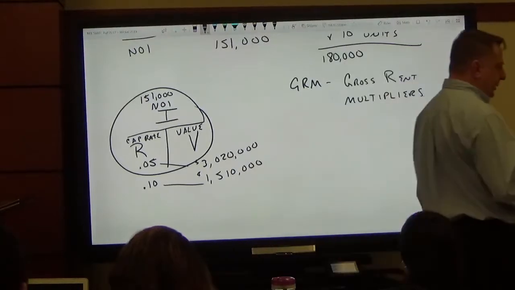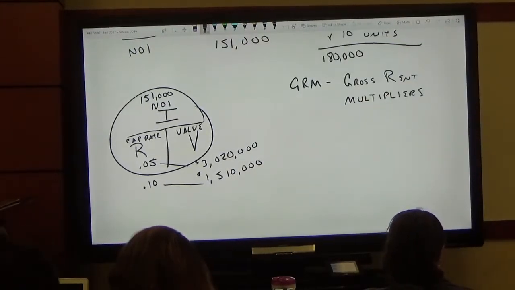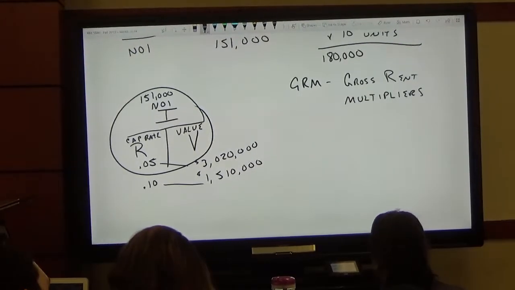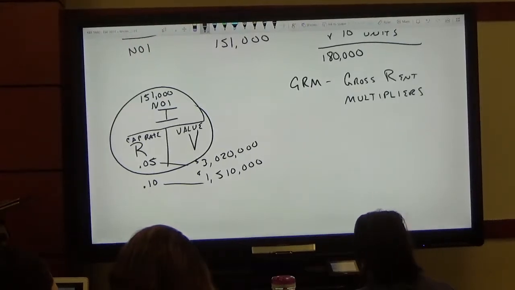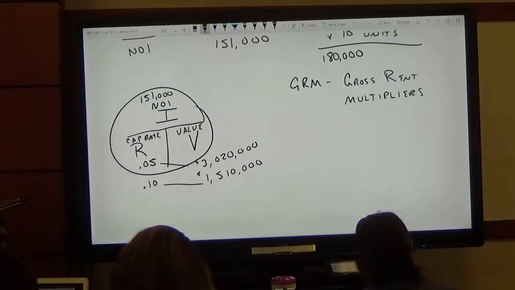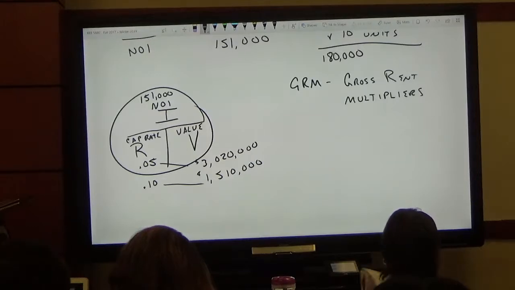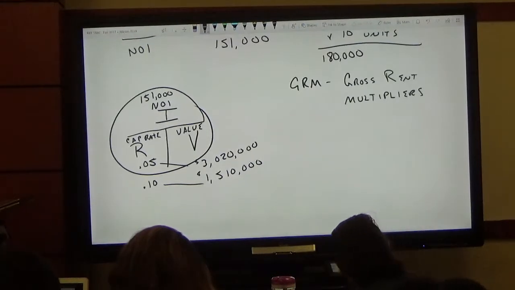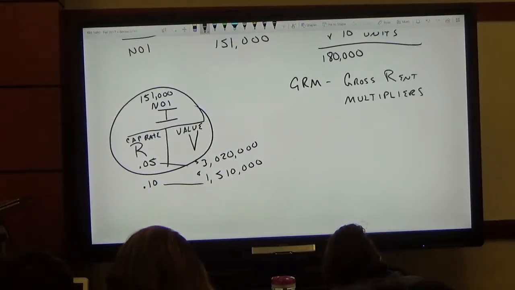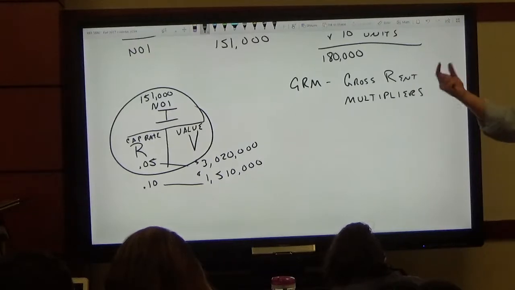One of the things that you do whenever you're trying to evaluate a property is you're looking at all different types of metrics. You try to understand what is the performance of this property. In many cases, what you're trying to understand is the relative performance of one property to other similar properties within a market.